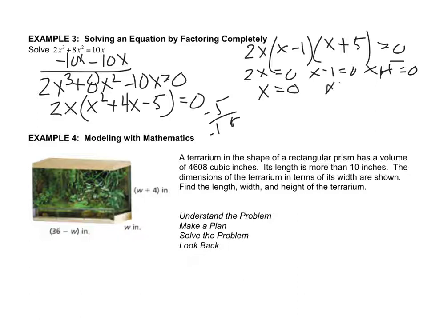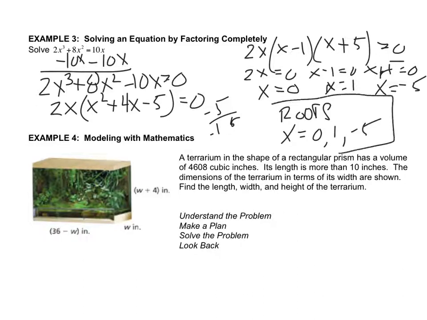For the second one, I would add 1 to both sides, so x equals 1. And the third one, I would subtract 5 from both sides to get x equals, that looks like an 8, but it's a negative 5. So my solutions, or my roots, remember we're calling these solutions roots, our x's are 0, 1, or negative 5.